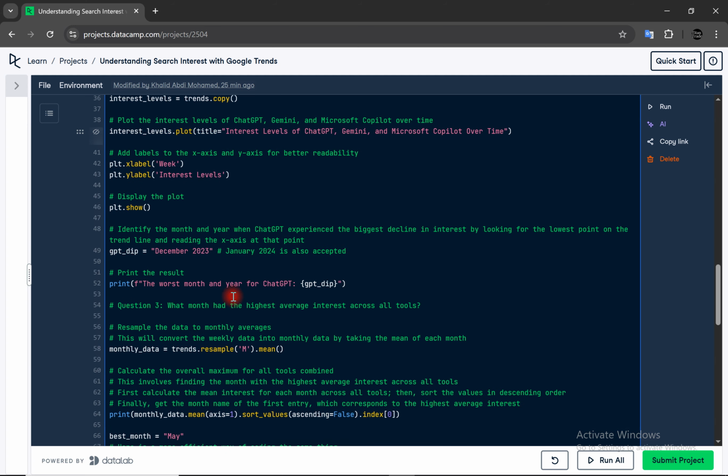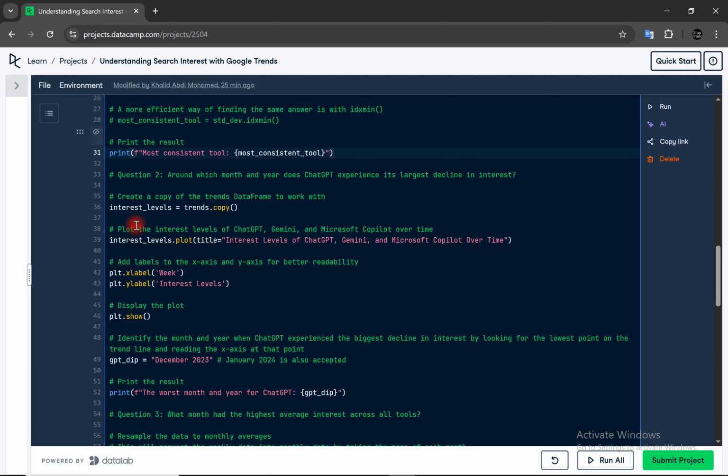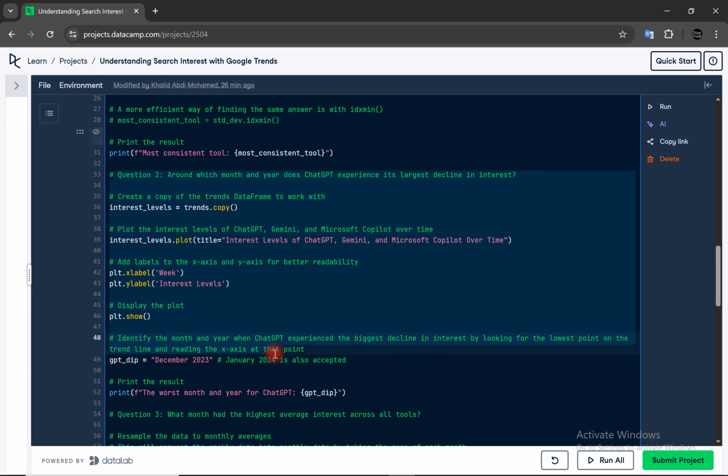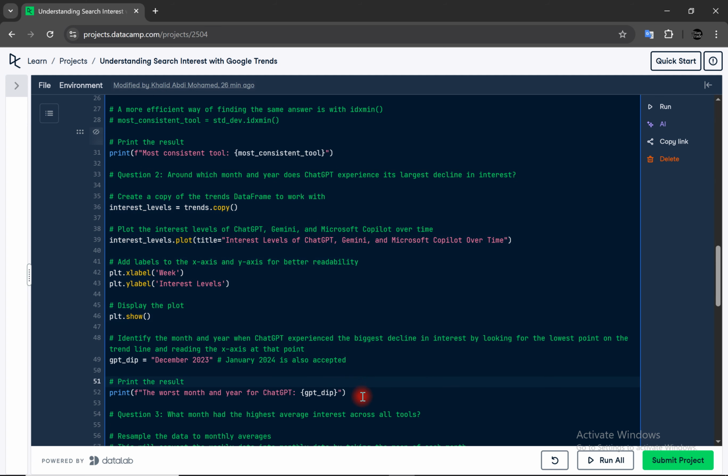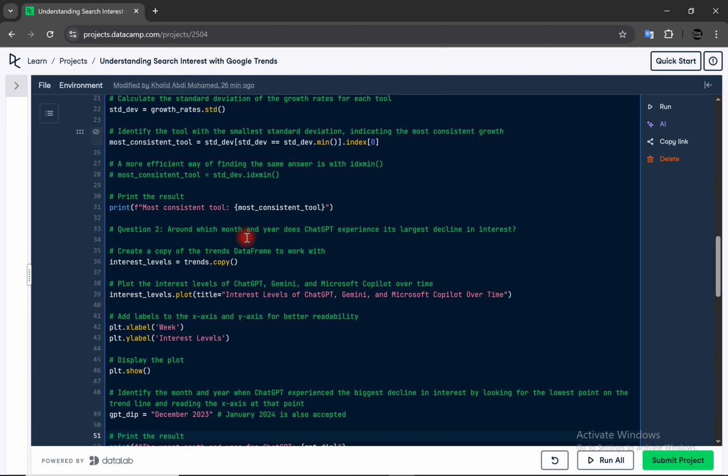If you go to the second question, which is here. Next I plotted the interest levels over time, and I also looked for the lowest point of the ChatGPT curve, which I will show you later.